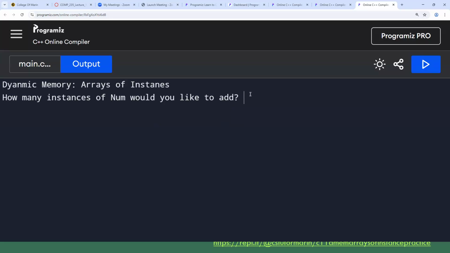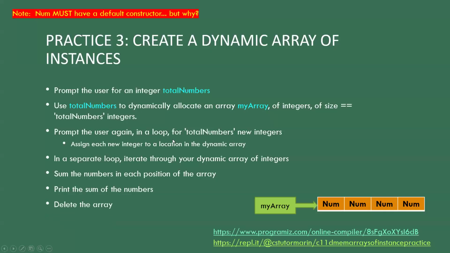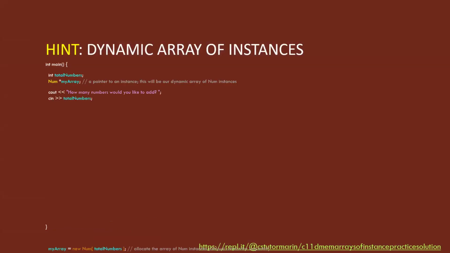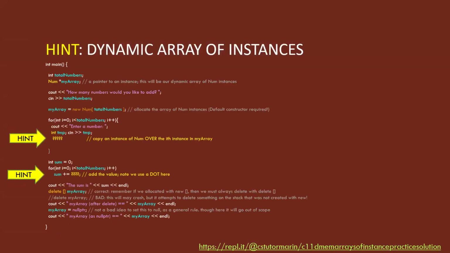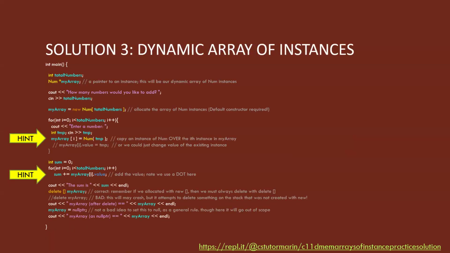Okay, so I want 3 things: 11, 22, 33, 66. And our solutions are here if you need them. There's just the hint, but you can skip forward to the final set of code if you need it. All that stuff is there.